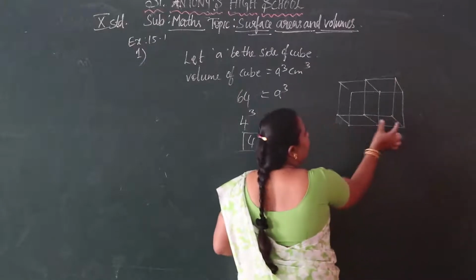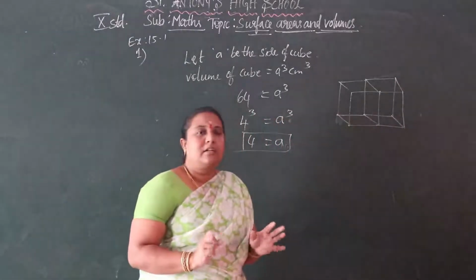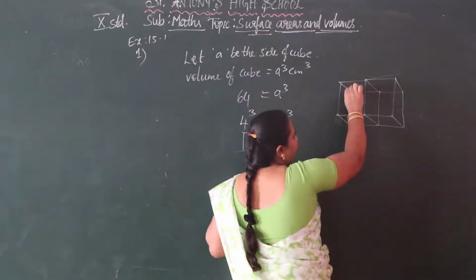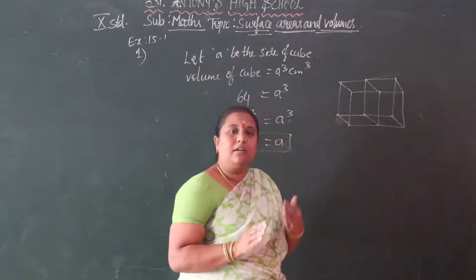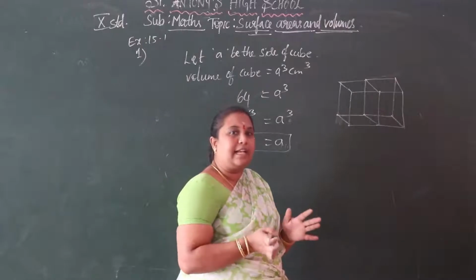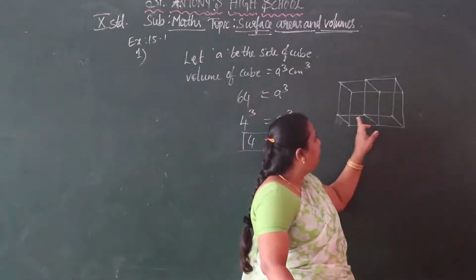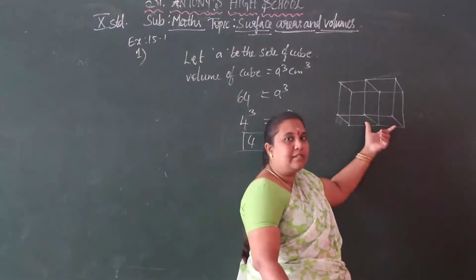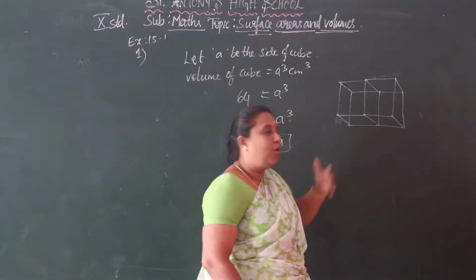Now we have two cubes. Listen carefully. Draw two attached cubes in your rough notebook. This is one cube and this is another cube. I am adding these two cubes and I got a cuboid.